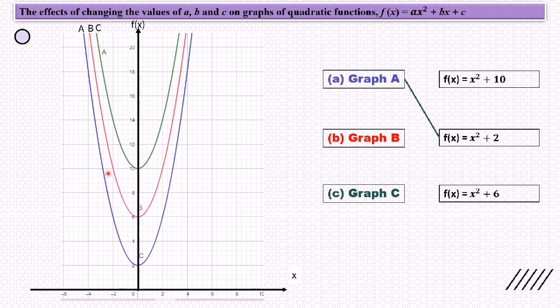Look at graph B. The y-intercept is 6. For graph B, the function is f(x) equals x squared plus 6. For graph C, the y-intercept is 10. So the function for graph C is f(x) equals x squared plus 10.